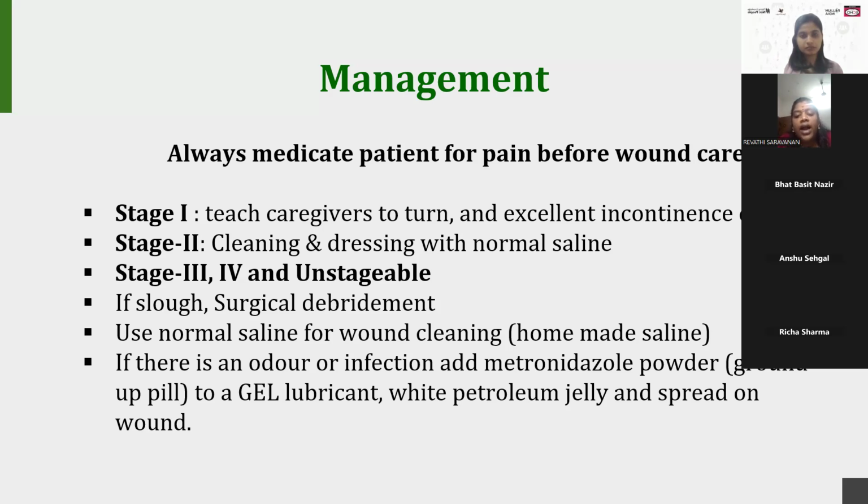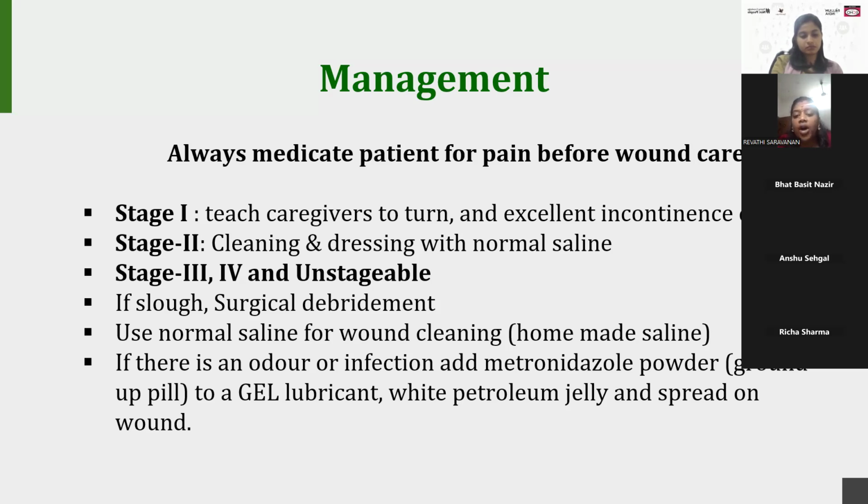Stage 3, stage 4, unstageable: if slough is present, surgical debridement; you can use normal saline for wound healing. If exudate is present, we can go with the antimicrobial creams, the tea bag creams we can apply, with the doctor's advice, on the pressure ulcers.